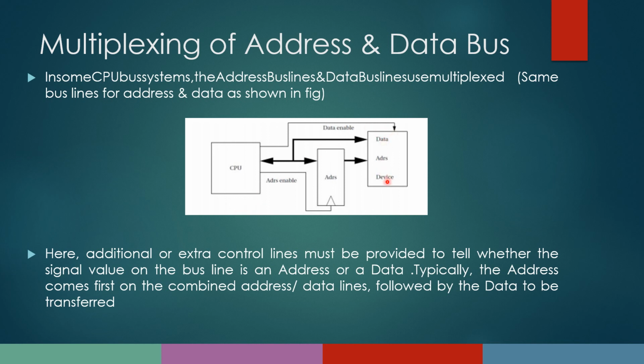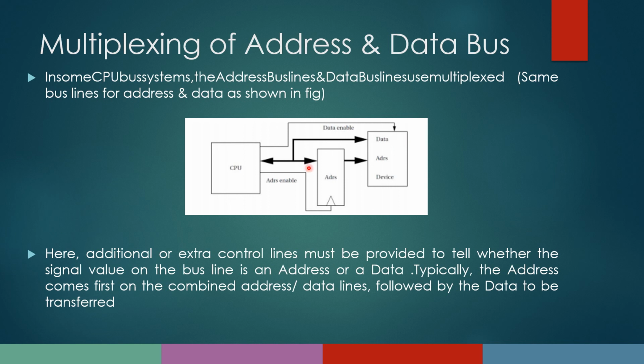But here one thing you have to note is that there may be additional extra control lines to tell whether the signal value on the bus line is going to be an address or data. So if it is address, we will have address enabled, and if it is data, we will have data enabled. So extra control lines should be present.